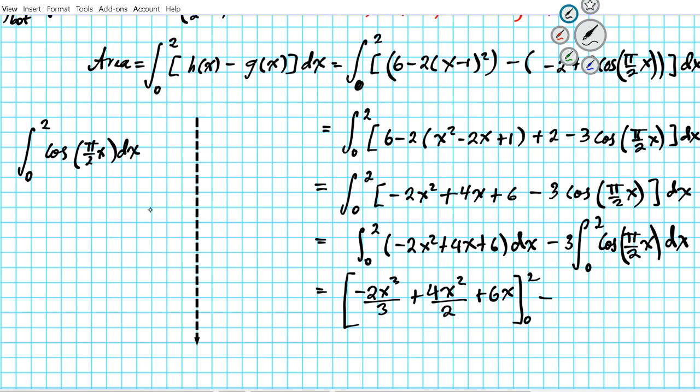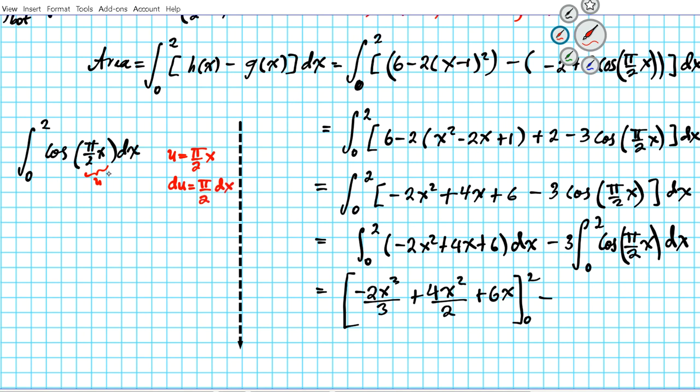All right, so what is u and what is du? So let's see. The inner function is going to be u. So this guy right here, this is u. Okay, so let u be pi over 2 x. Then du is going to be pi over 2 dx.